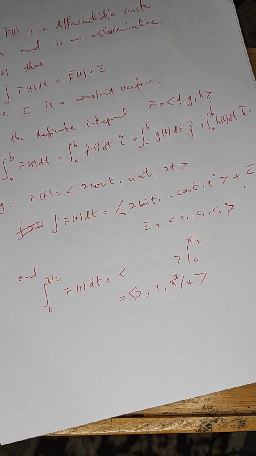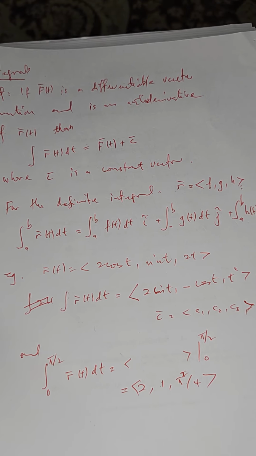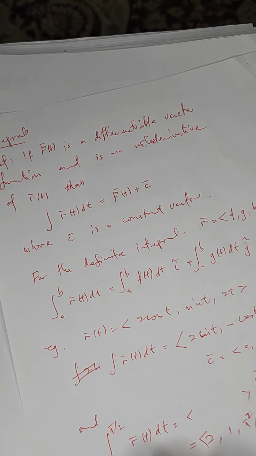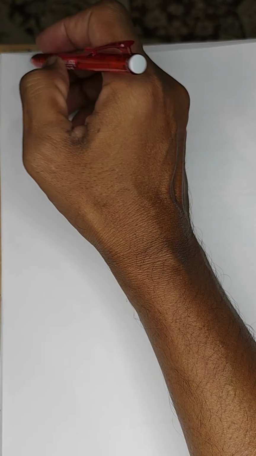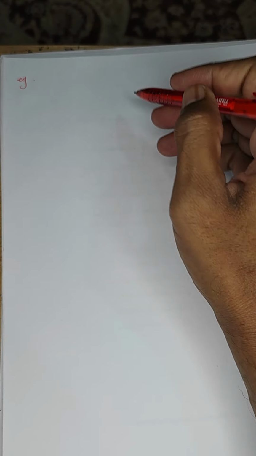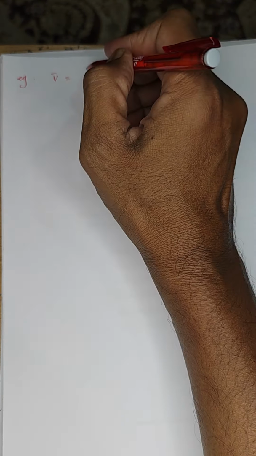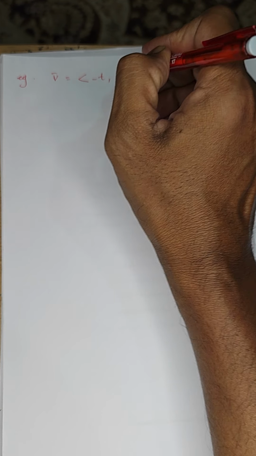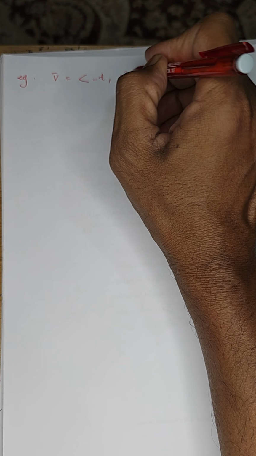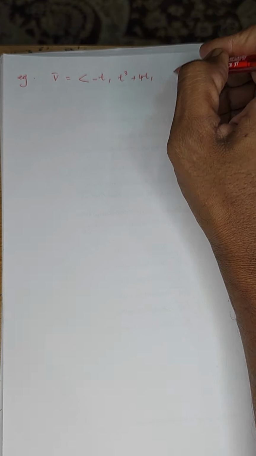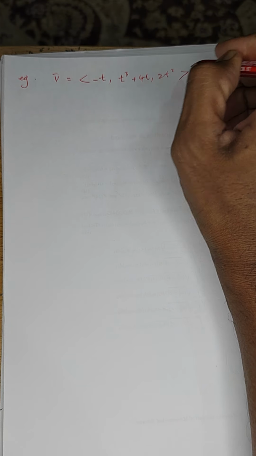Okay, so let's see a bit of application, a question related to application. Let's say given v as minus t, t cubed plus 4t, and 2t squared.